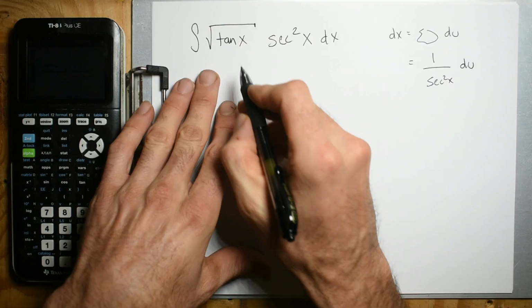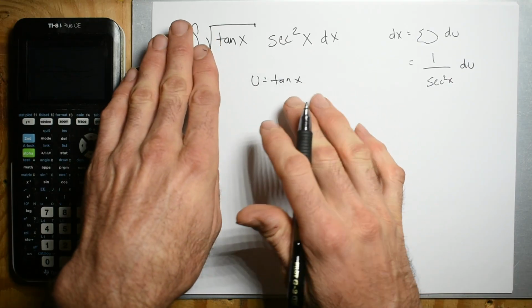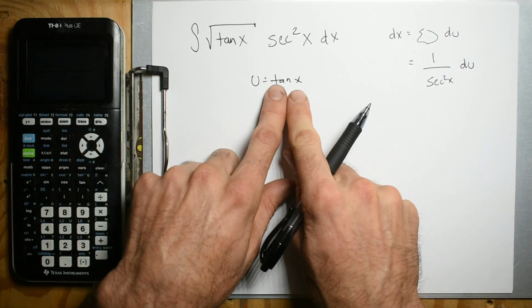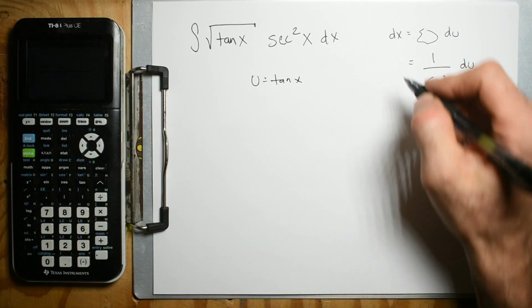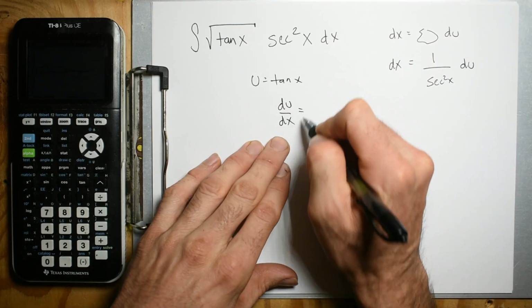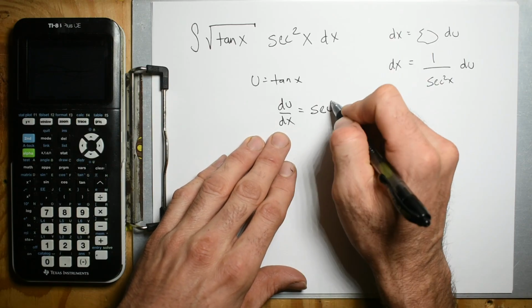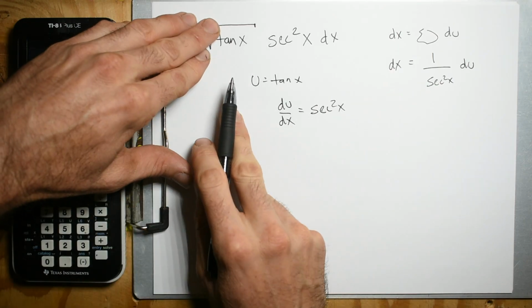I'm going to have u as tangent x, and then the derivative of tangent, that's the secret sauce, du dx, is secant squared x.